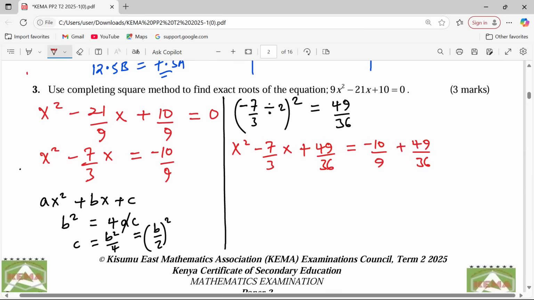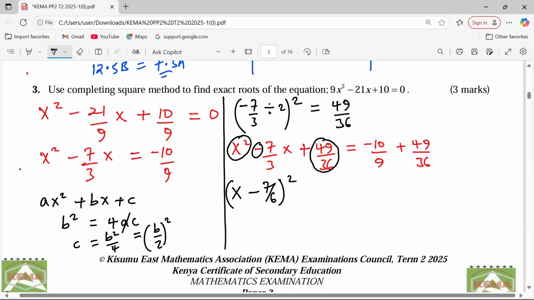For us to factorize a perfect square, we take the square root of the first term, which is x, the sign that follows, which is a minus, and the square root of the constant, which is 7 over 6. This squared is the factorized format of the perfect square.